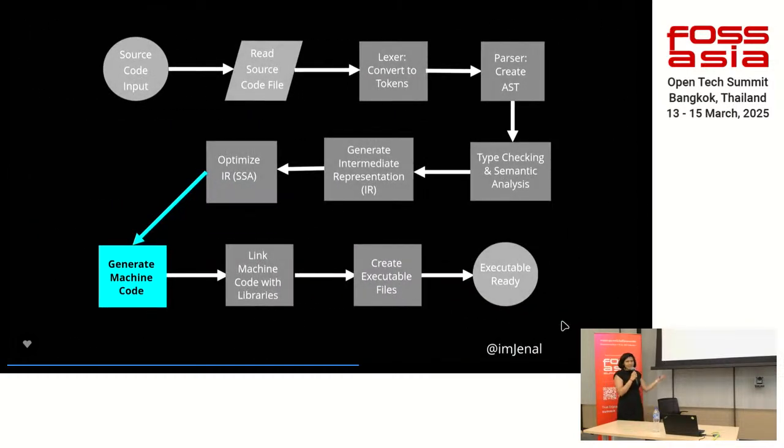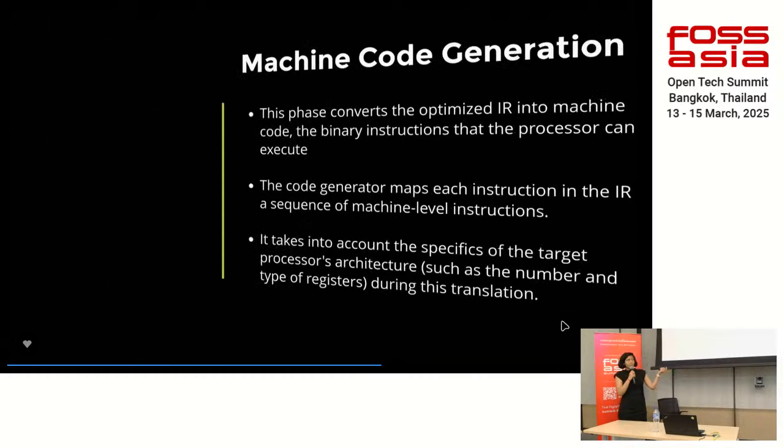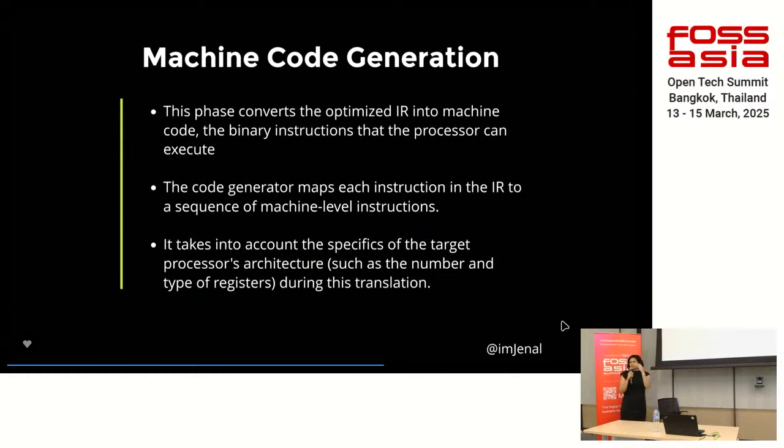Next it generates the machine code. You have already gone through syntax analysis and semantic analysis, and finally we come to the machine code generation part, where the machine code that your processor understands gets generated. These are binary instructions the processor can execute, and it maps the set of instructions to the machine code instruction set, taking into account the specifics of your target machine's architecture.